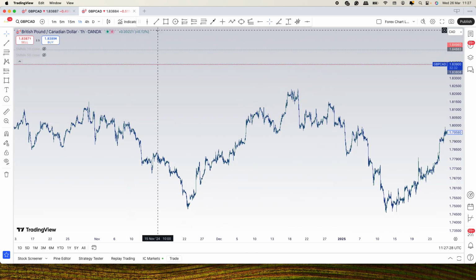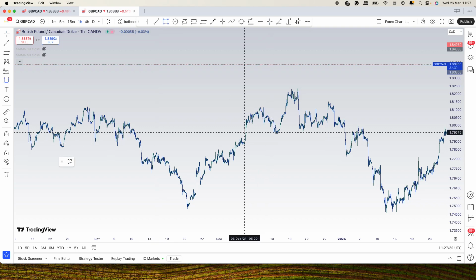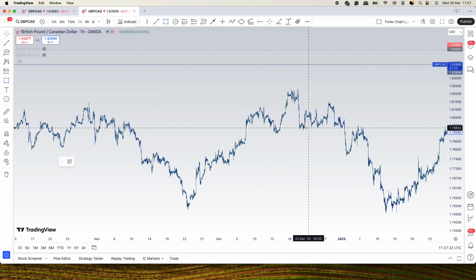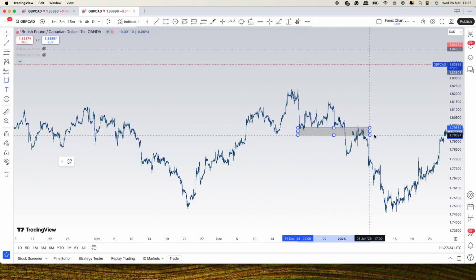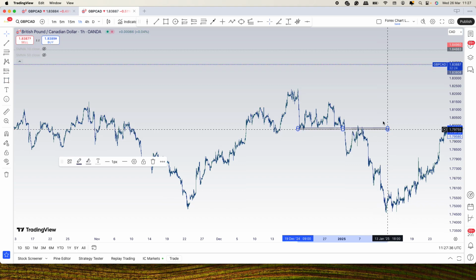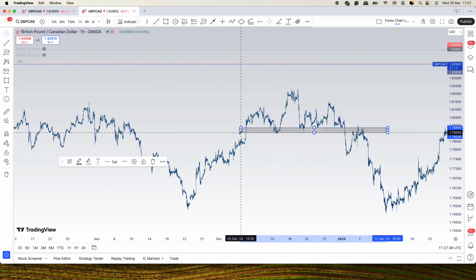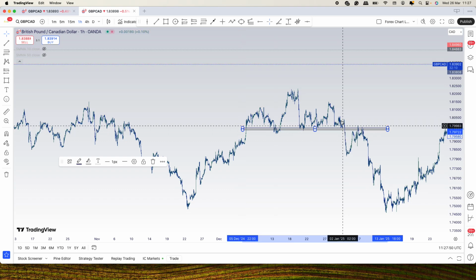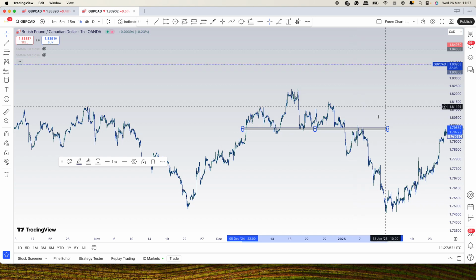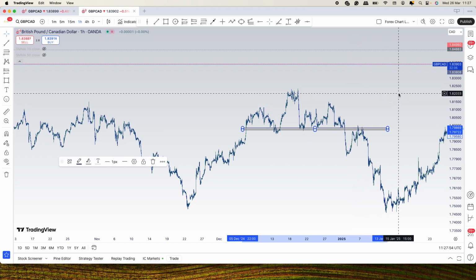We've got a bit of choppiness around here, but it's not too bad. Price is being really respectful, and we're not seeing any very aggressive liquidity on the structure here. So you know it's going to be a better trade.